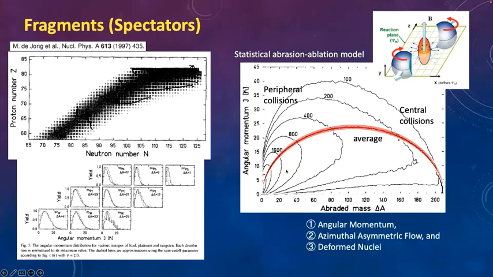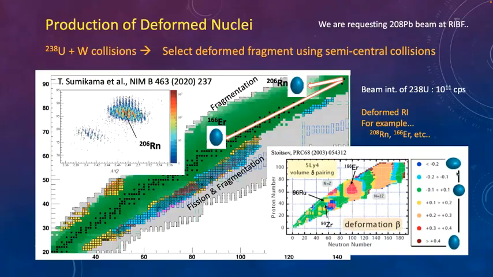we can introduce relatively smaller angular momentum. If it's mid-central or semi-central, it enhances the angular momentum, and in a central collision it naturally decreases. So it's a question related to semi-central collisions, for example.